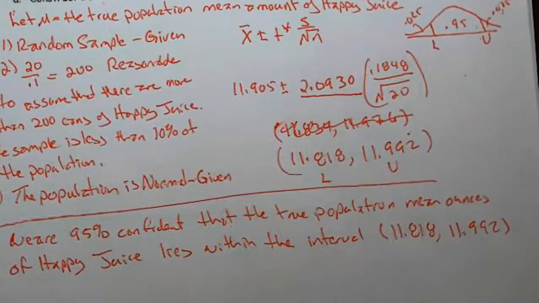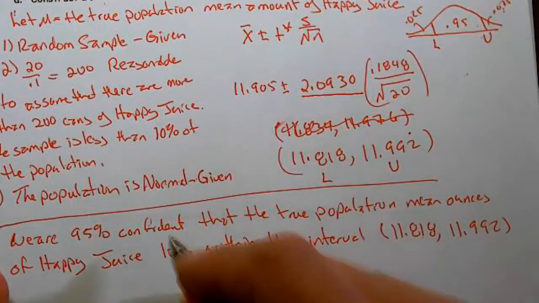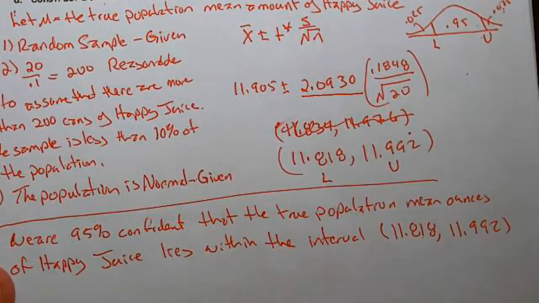So we are 95% confident that the true population mean ounces, or mean number of ounces of happy juice, lies within the interval 11.818 and 11.992.